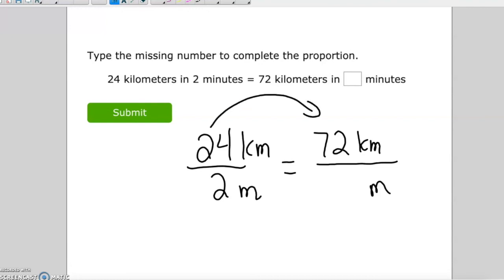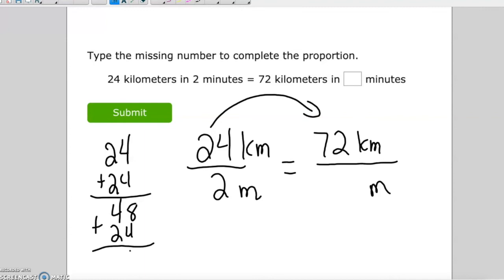Here to here. Man, these are big numbers. Why big numbers? Because we're 6th graders. We can handle big numbers. Okay? So 24 times something. You can guess and check: times 2, times 3, times 4, and see. Or you can just start adding 24s. 48, not enough. Add another 24. Aha!